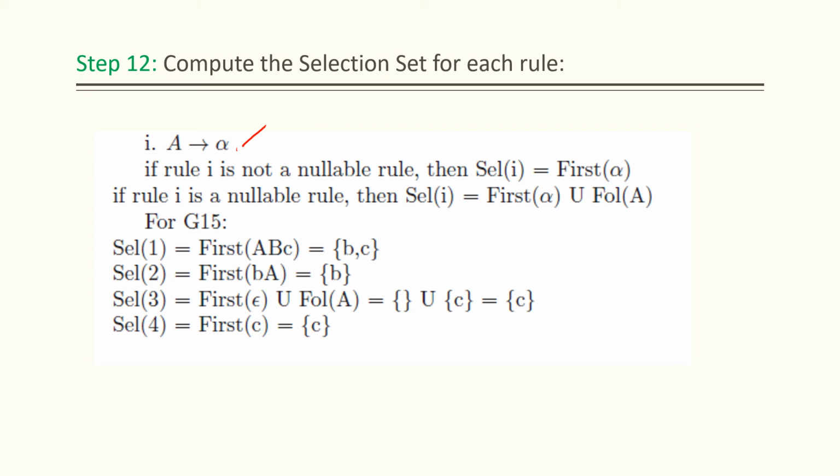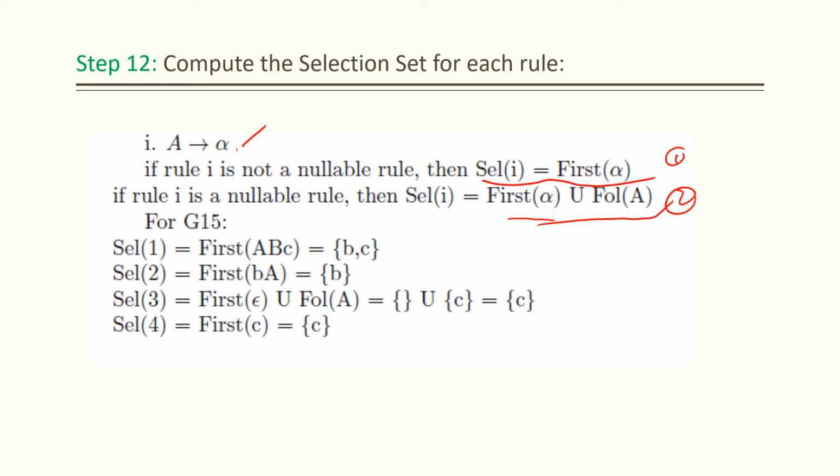If rule i is a nullable rule, then the selection set must be first alpha union with follow A. That is how we compute the selection set for LL1.